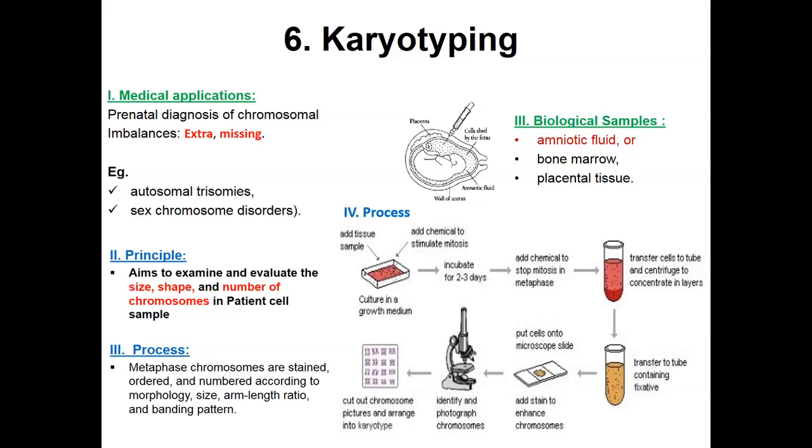So you take your sample from your patients, in this case the little fetus, you take the amniotic fluid, the cells from there, which are from the baby, and you grow them. Once they multiply for a few days, you add a chemical that will stop the cells at the metaphase.